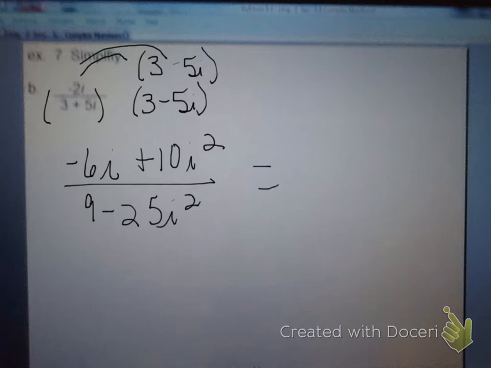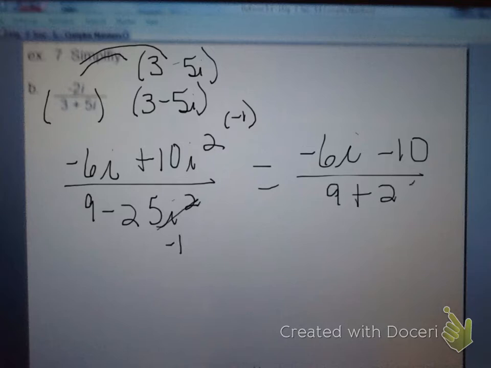So let's clean this up a little bit. That's negative 6i. i squared is a negative 1, so negative 1 times 10 is a negative 10 over 9 plus 25. So that's negative 10 minus 6i over 34.